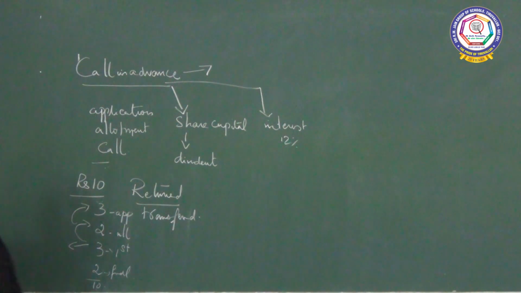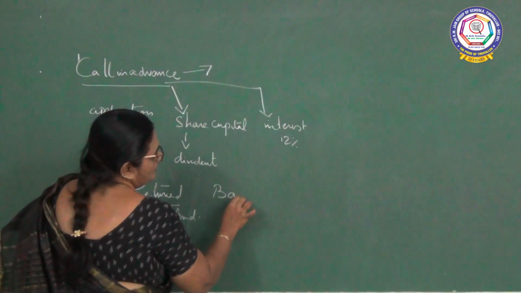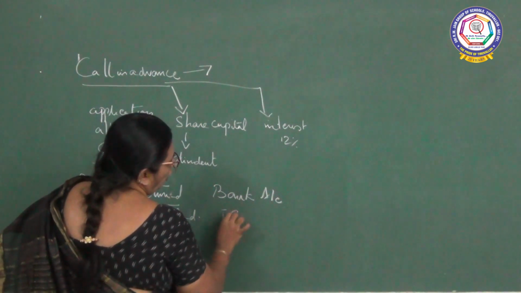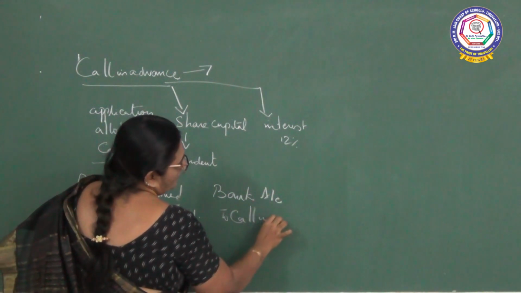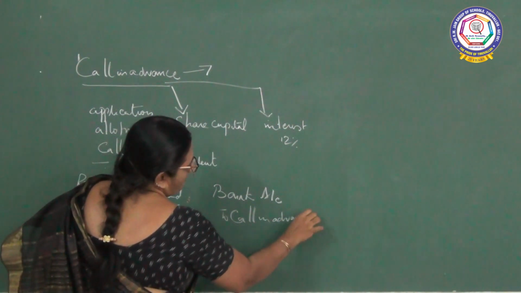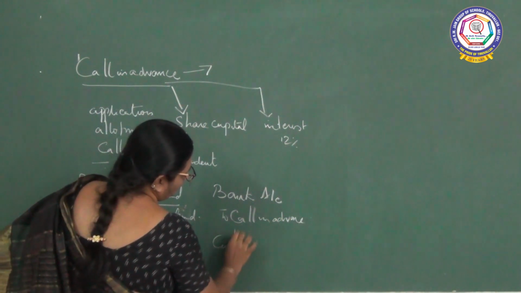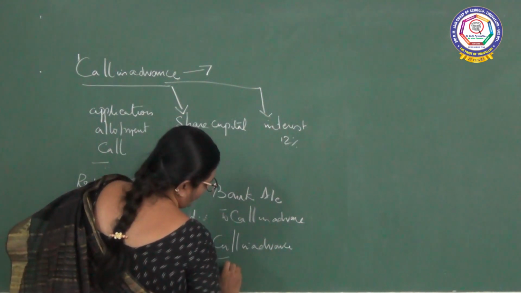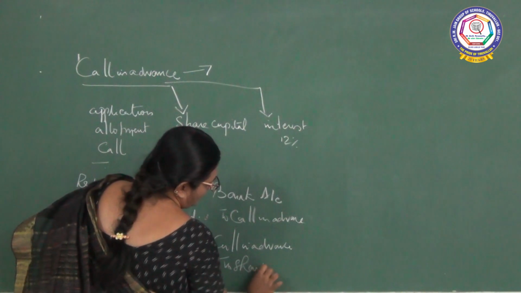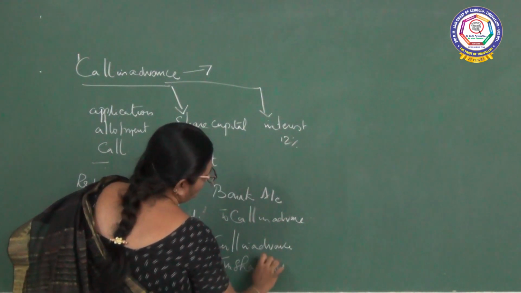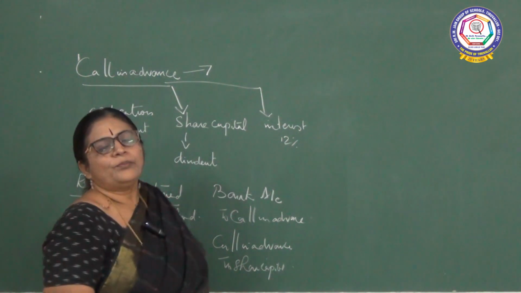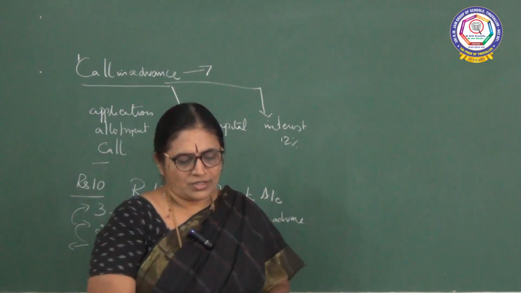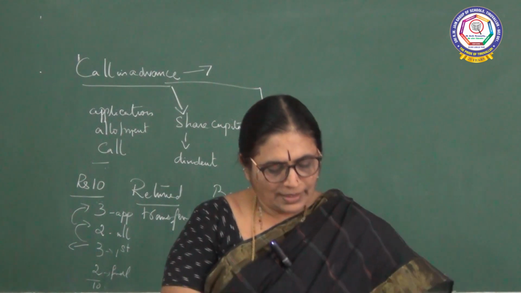The accounting treatment for call in advance is: Bank account debit to call in advance account. Then call in advance account debit to share capital. So now we'll go to the problem and we'll see how it is going to be transferred.